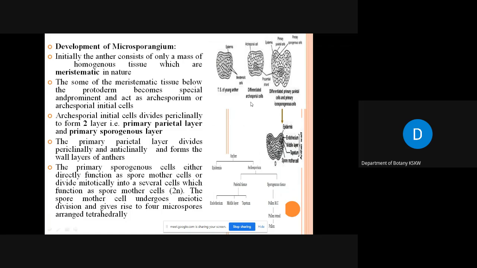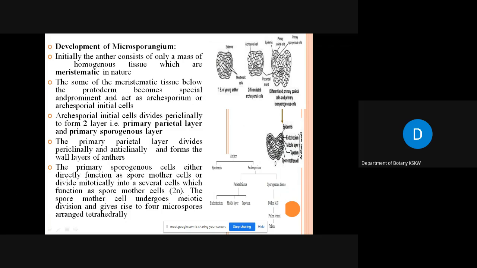Archesporial cells divide initially periclinally, forming two layers: the primary parietal layer and the primary sporogenous layer. The primary parietal layer divides periclinally and anticlinally, forming the wall layers, that is the wall of the anther.